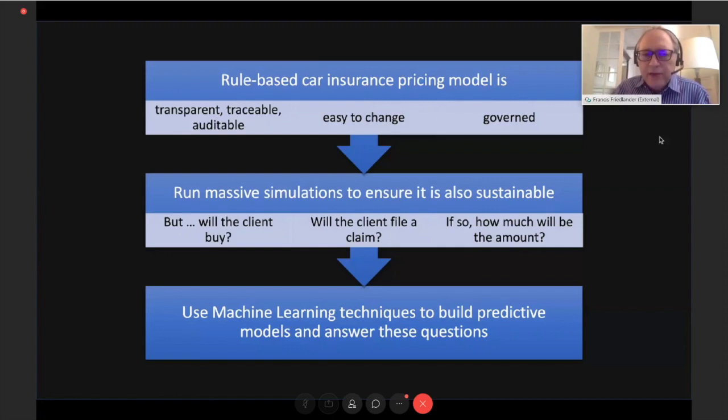You have to take into account whether the clients are going to buy at this price. Are the clients going to file some claims? And if so, what is going to be the amount? So this very complex combination can be run in simulation. And at the end of the day, you aggregate for all the clients and you can predict whether this insurance company is going to lose money or not. So as you will see, we are going to use machine learning techniques to build predictive models to answer these questions.